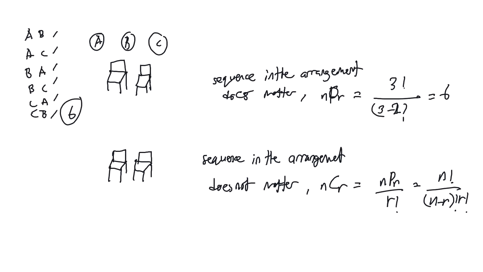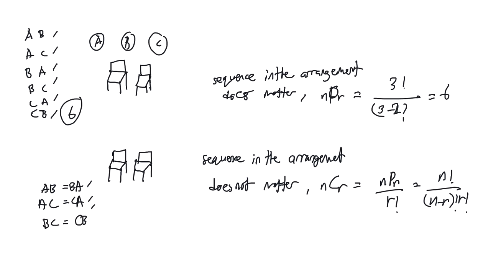But when the sequence does not matter, you have AB equal to BA, AC equal to CA, and BC equal to CB.